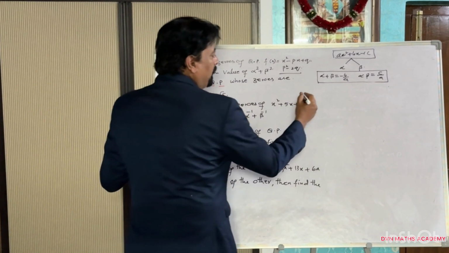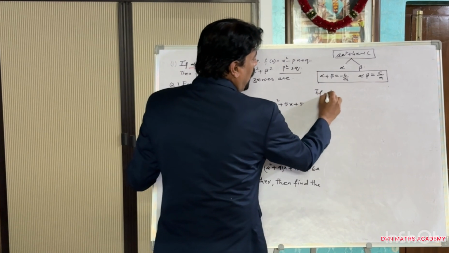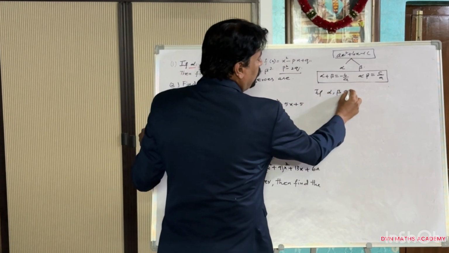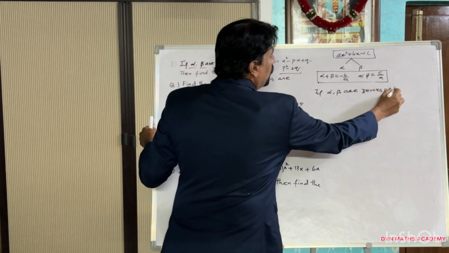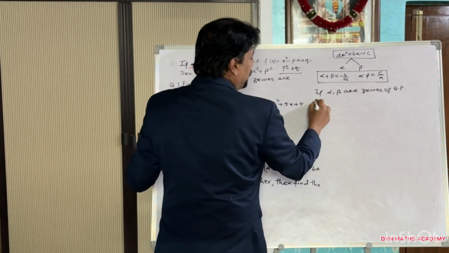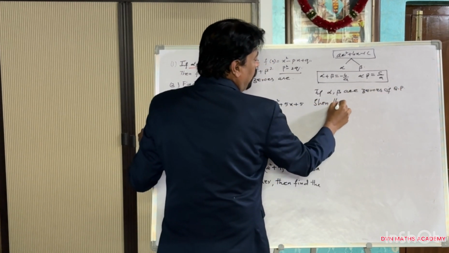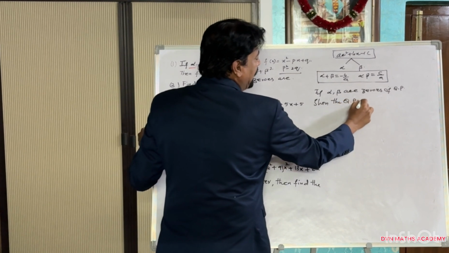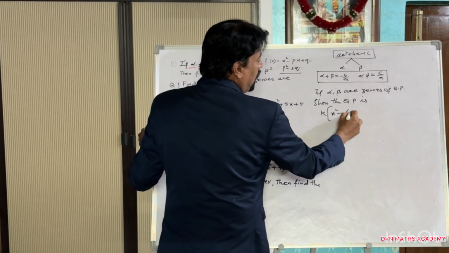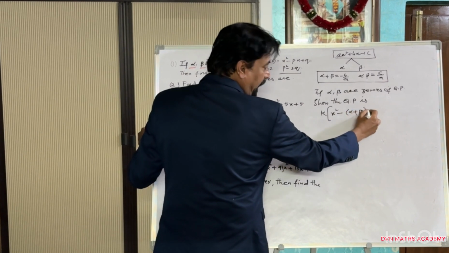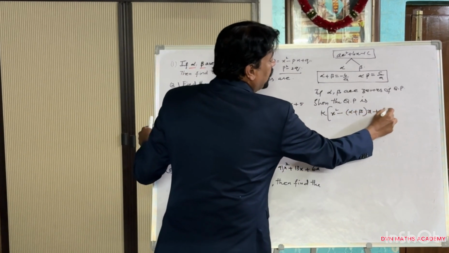You know the formula: if alpha and beta are the zeros of a quadratic polynomial, then the quadratic polynomial is k of x square minus alpha plus beta of x plus alpha beta. This is the formula.